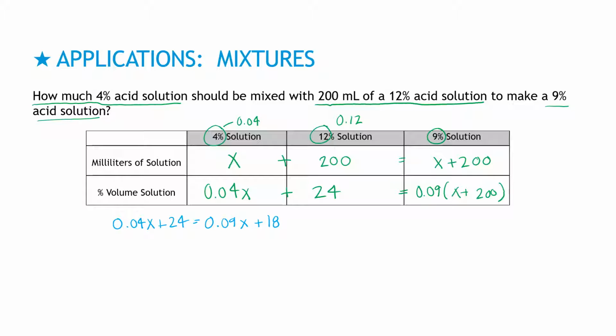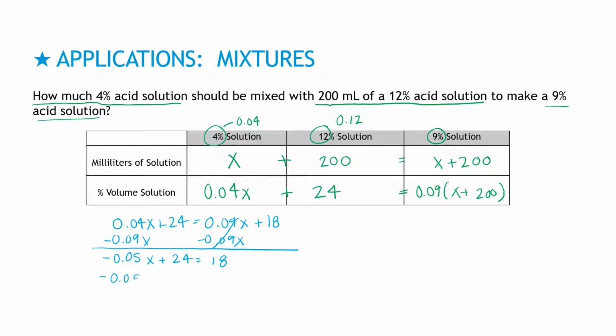From here, not too bad. I'm going to subtract 0.09x from each side. Again, it's important that I'm just doing one thing per step. So I get negative 0.05x plus 24 equals 18. I'm going to subtract 24 from each side.